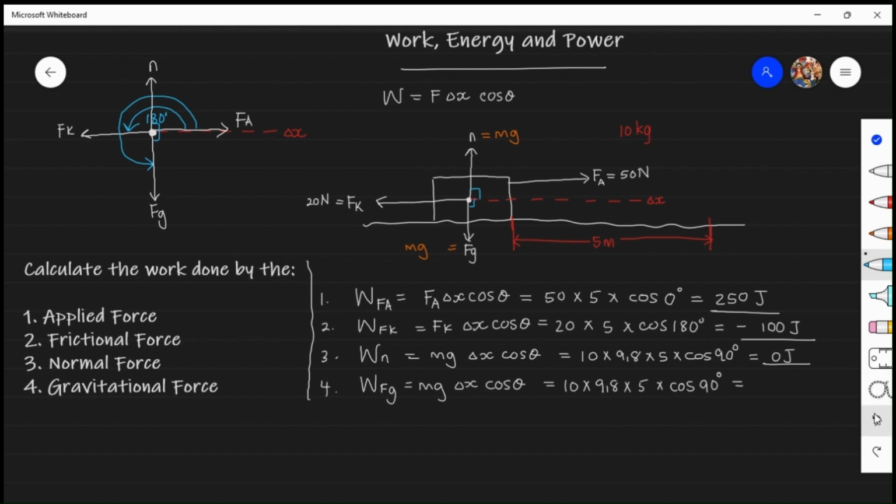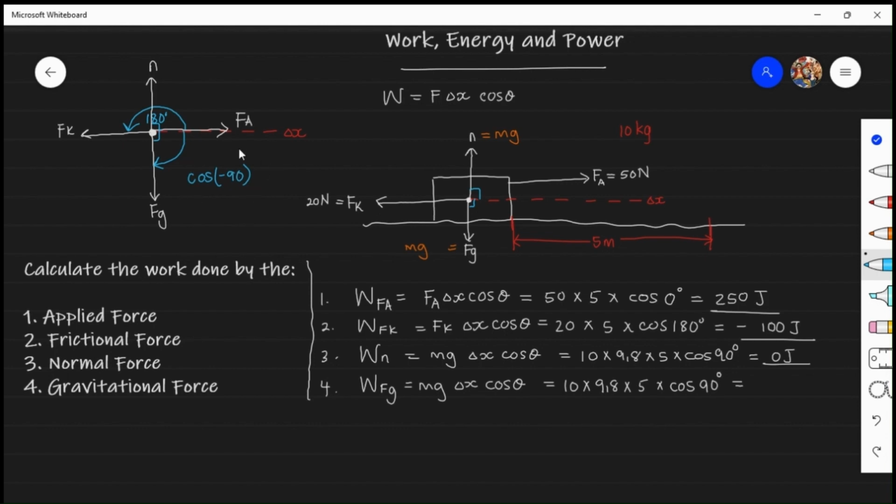An easier way is just to see which is the shortest distance between displacement and Fg. So that would be to move in the clockwise direction. And if we move in the clockwise direction, we would end up with a negative angle, not negative force.